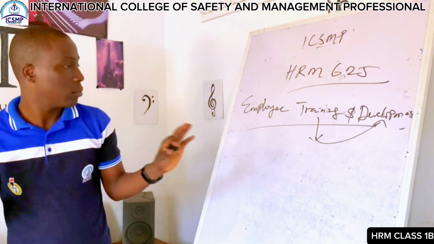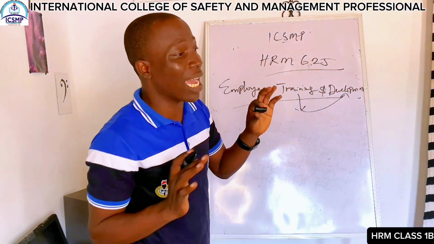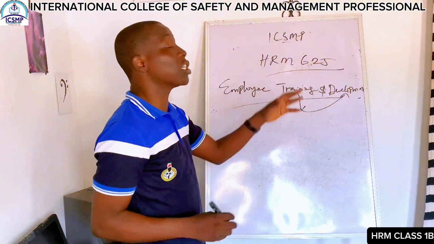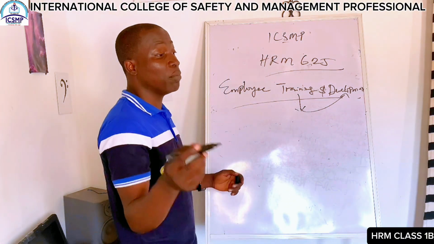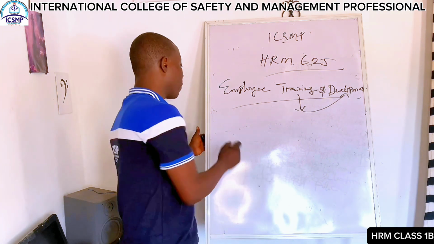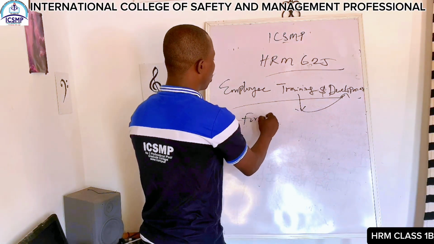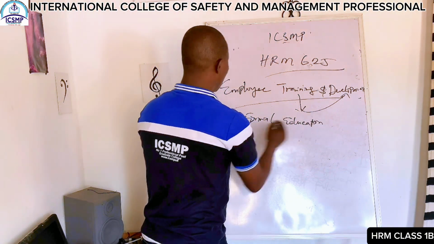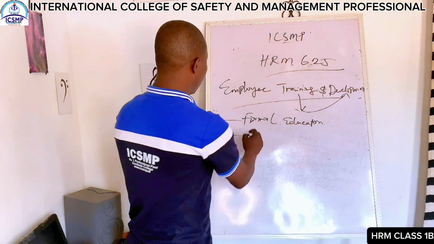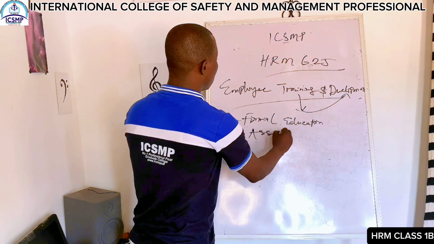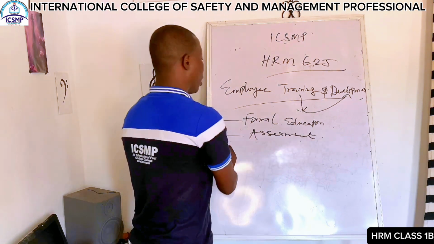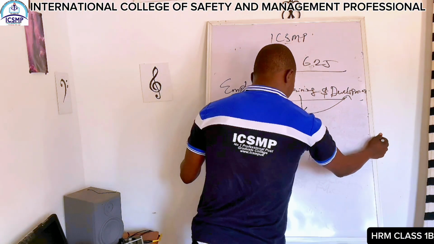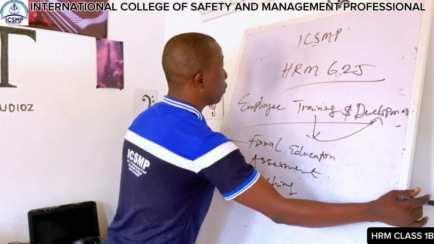Very simple. Training is aimed at what? At development. So how do you achieve that? How do you achieve training and development? We have 3 methods. We have the formal education, 2, we have assessment, 3, we have coaching.